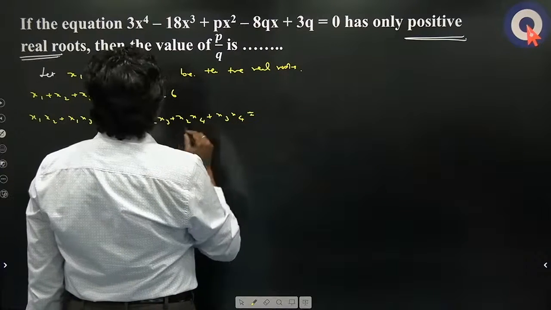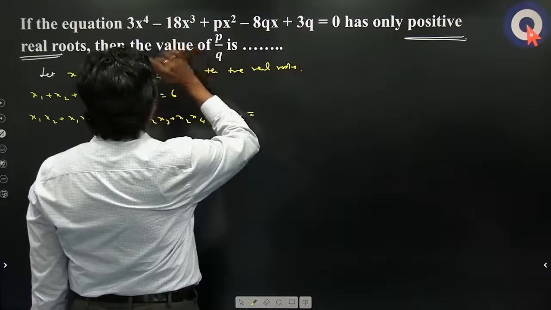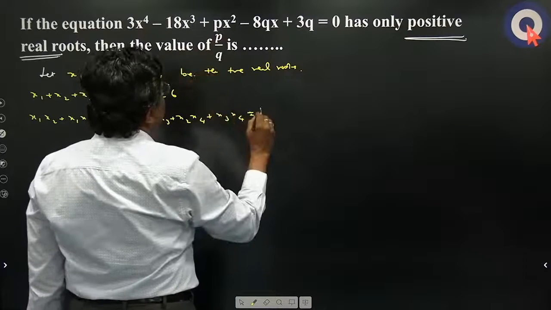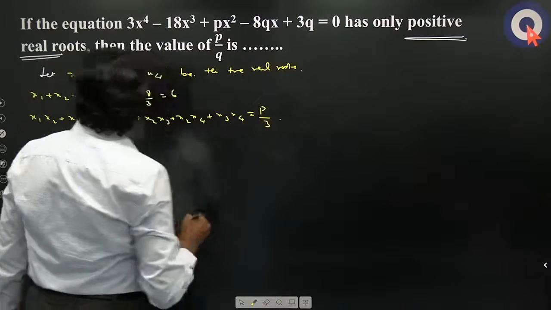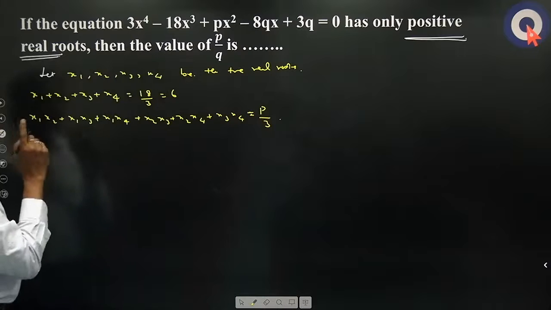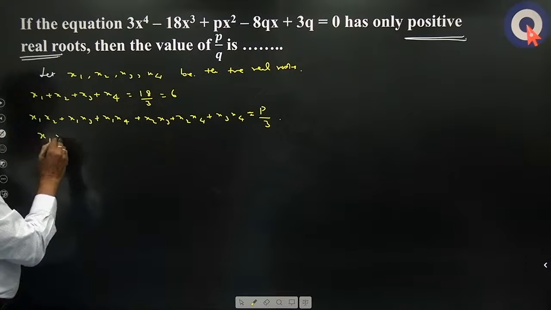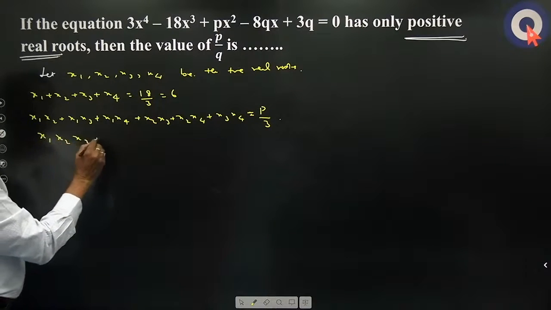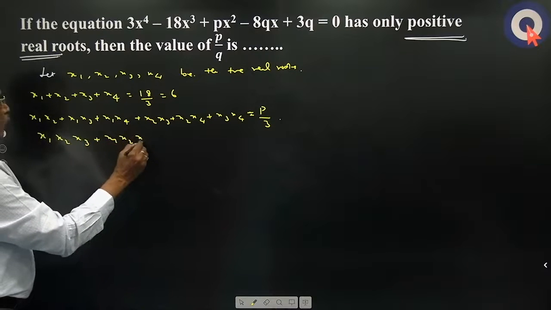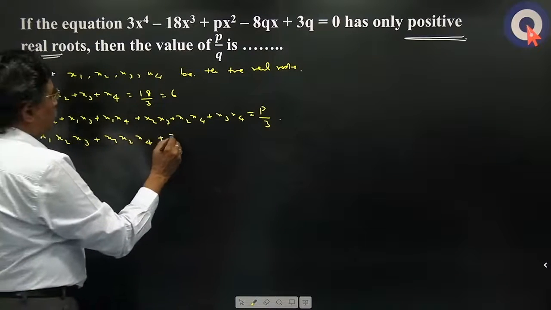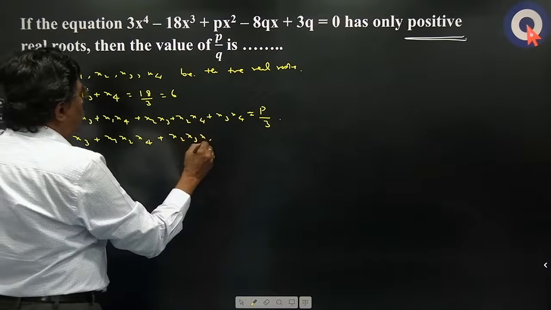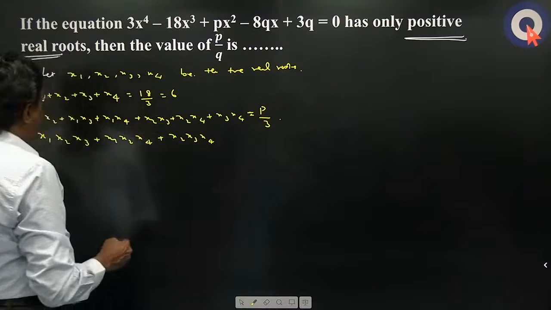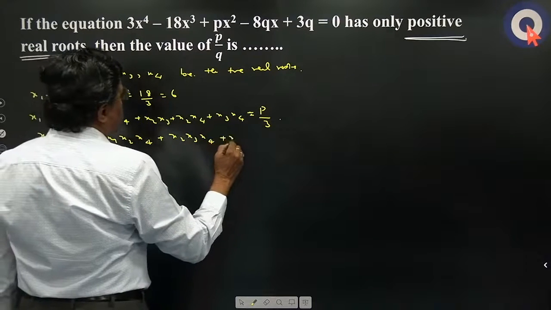This has to be minus b by a, so c by a, which is p by 3. And then the sum of the products taken 3 at a time will be x1 x2 x3 plus x1 x2 x4 plus x2 x3 x4 and x1 x3 x4.